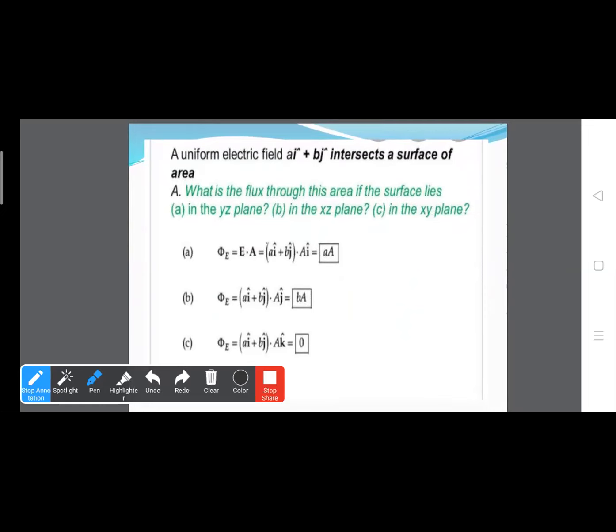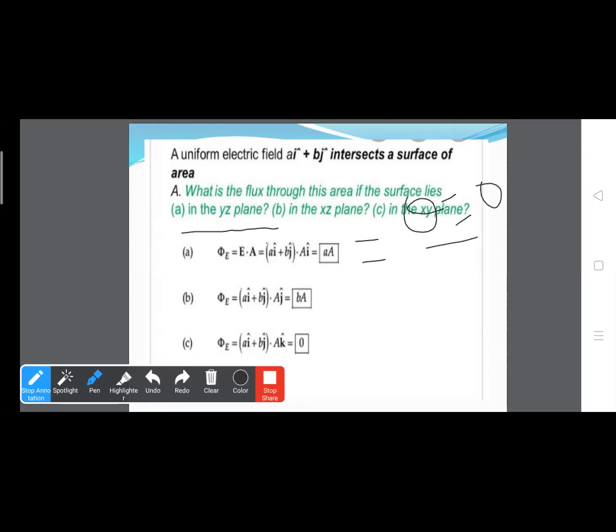For the first, we have to find the electric flux in the YZ plane. For the YZ plane, the area vector will be in the X direction. If the plane is parallel to the YZ plane, the area vector will be in the X direction. So the angle between the area vector and the electric field will be 0. Clear?